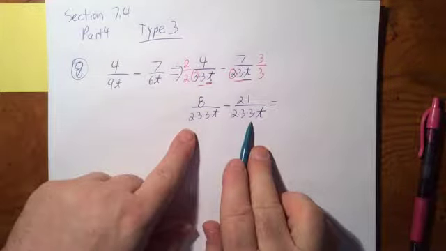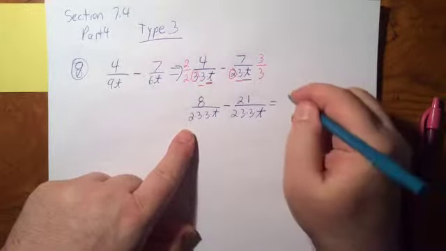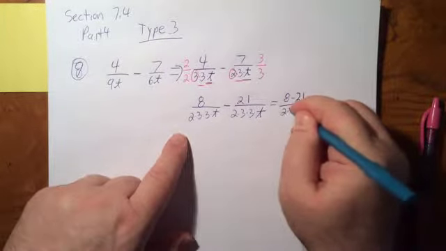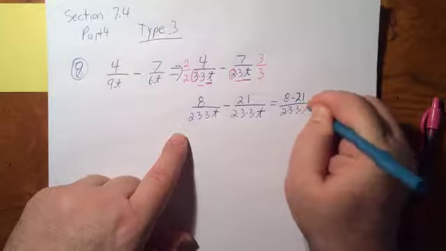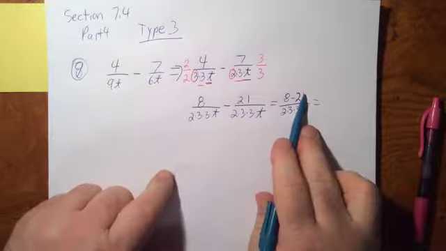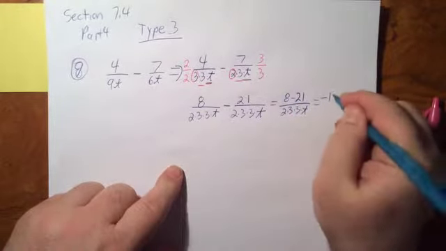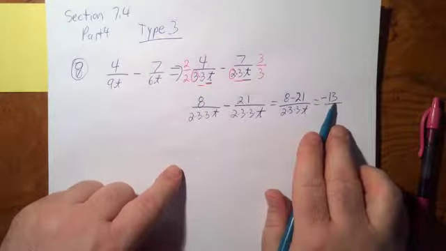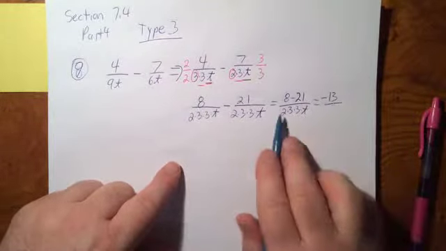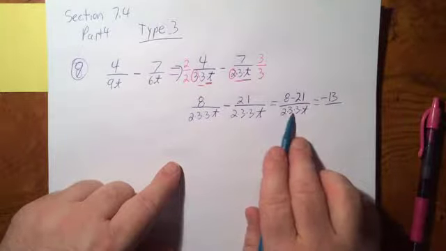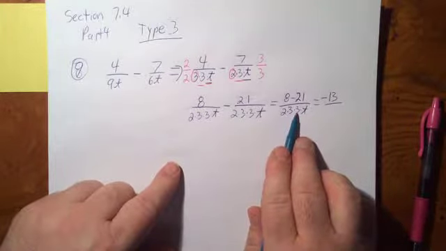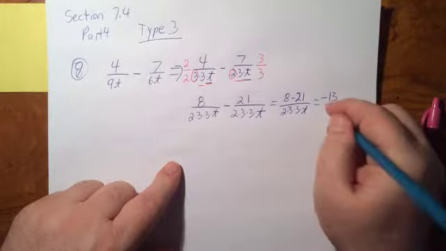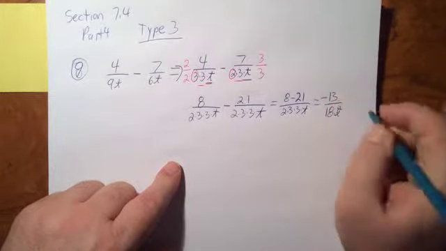Because I have the same denominators, I can write this as 8 minus 21 over 2 times 3 times 3 times t. Then 8 minus 21 gives negative 13. 13 is prime, so it's not going to reduce. 2 times 3 is 6, 6 times 3 is 18, and 18 times t is 18t.